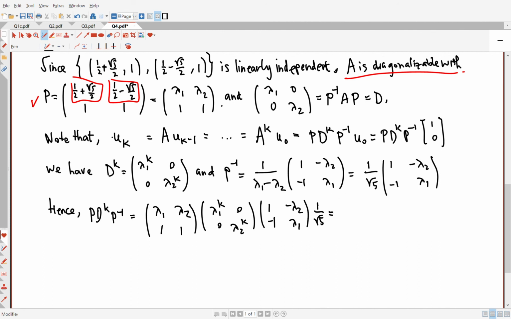So this 1 over square root 5 multiplied with this times this, I will get lambda 1 to the power of k+1. This multiplied with this, I will get lambda 2 to the power of k+1.